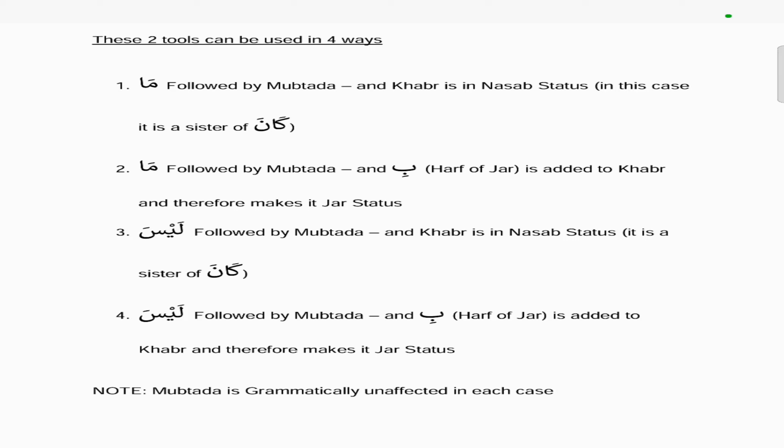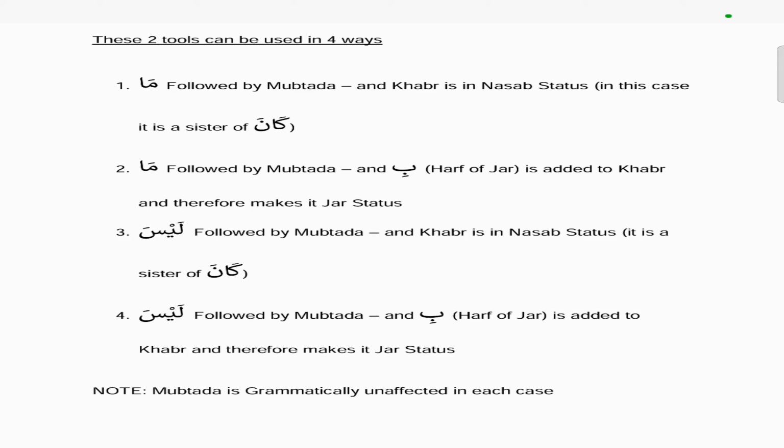So if you remember the chapter on fi'l naqis, when we talked about kana and its sisters, the mubtada is rafa, and the fi'l naqis, even though it's a fi'l, is treated as a noun sentence. So the khabar will always be nasab, whereas normally in noun sentences the khabar is rafa, but with fi'l naqis, incomplete verbs, the khabar is nasab.